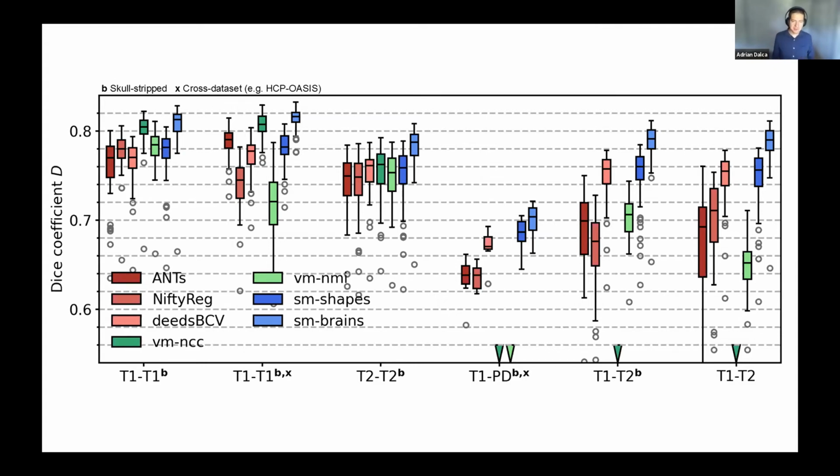So as per learning strategies, they won't work. But SynthMorph just continues to do really, really well. And the reason is because SynthMorph has completely ignored the actual contrast, the actual modality. And instead, it's focusing on extracting sort of common anatomy and matching it up.